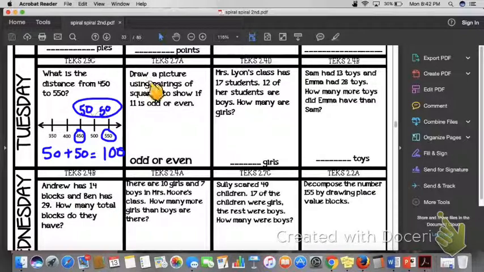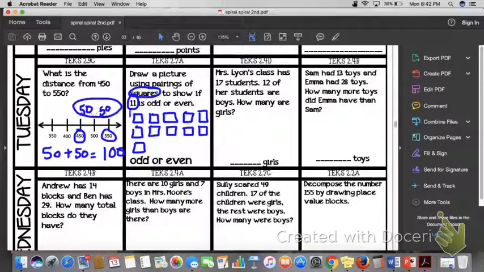And it says, draw a picture using pairings of squares to show if 11 is odd or even. So I'm going to draw squares, 11 squares, and I'm going to demonstrate if it is odd or even. So 1, 2, 3, 4, 5, 6, 7, 8, 9, 10, 11.